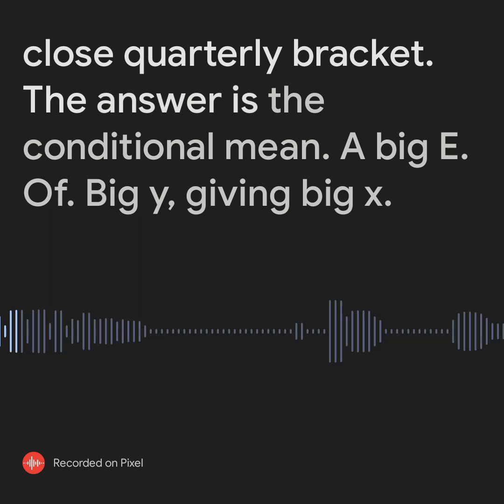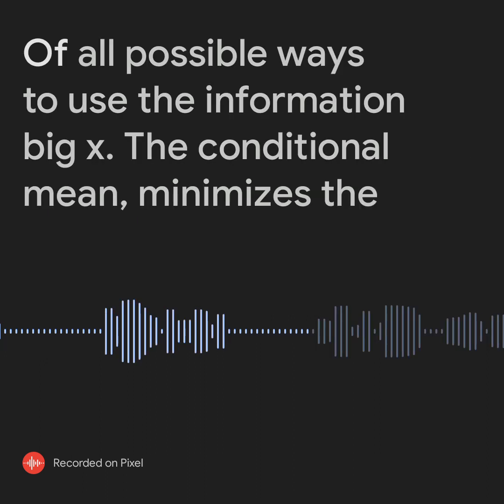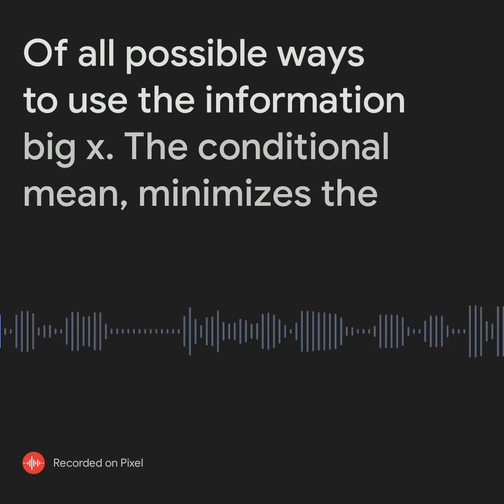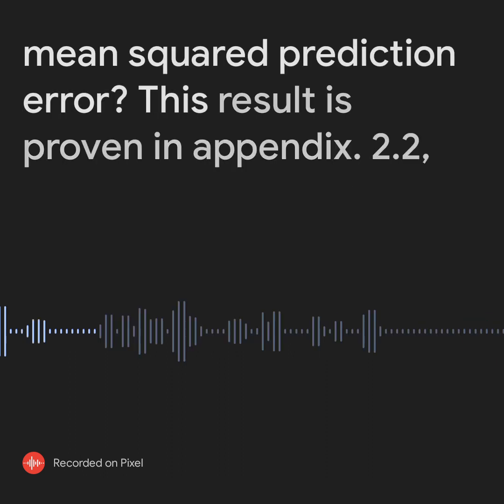The answer is the conditional mean, big E of big Y given big X. Of all possible ways to use the information big X, the conditional mean minimizes the mean squared prediction error. This result is proven in Appendix 2.2.